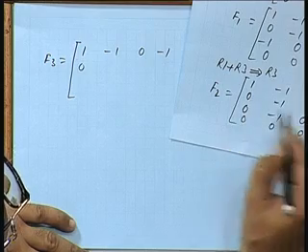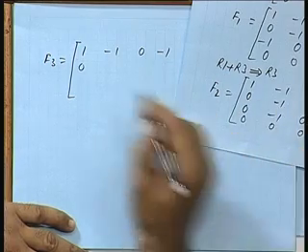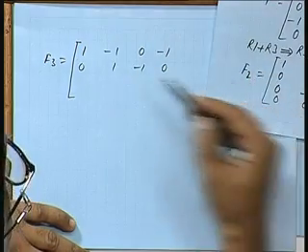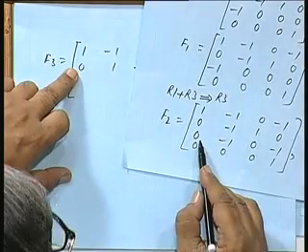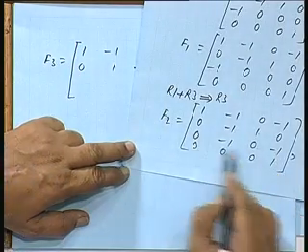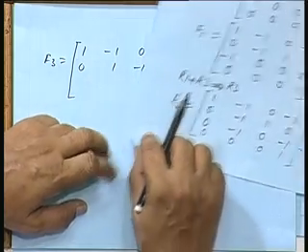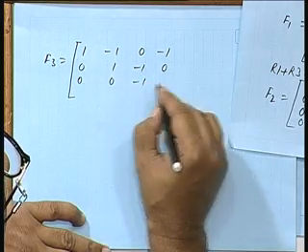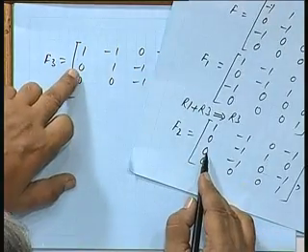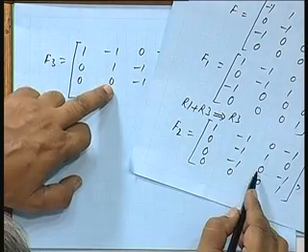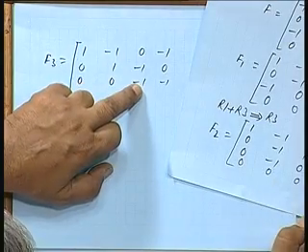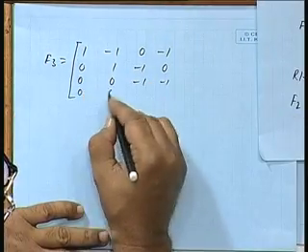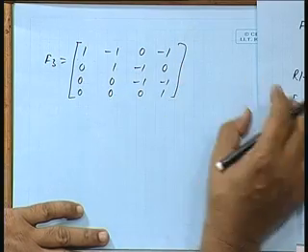So, this will become 0 1 minus 1 0, and then R3 is replaced by R2 plus R3. So, this will become 0 0 minus 1 minus 1, is it not? See, 0 plus 0, 1 plus minus 1 is 0, then 0 and minus 1 is minus 1, and then minus 1 and 0 becomes minus 1. So, the fourth one is 0 0 0 1. This is F3.